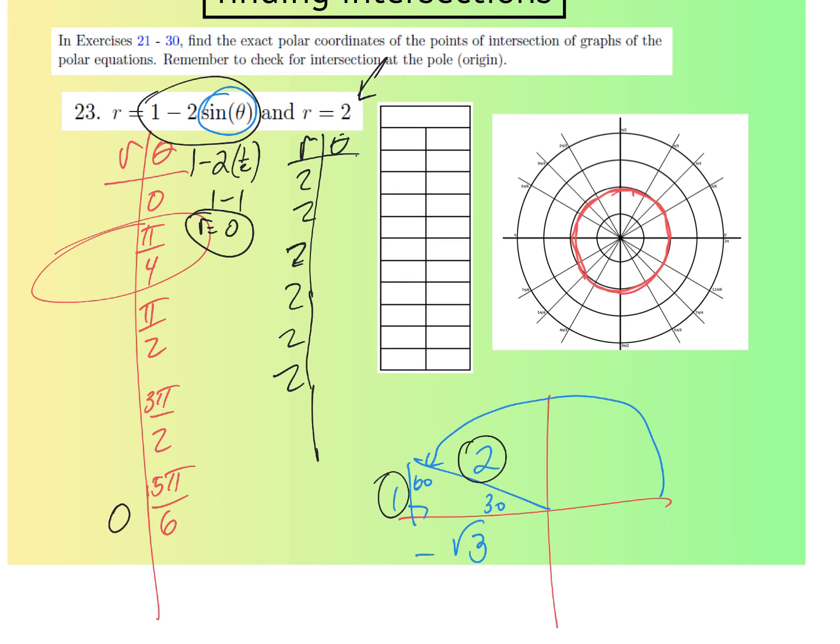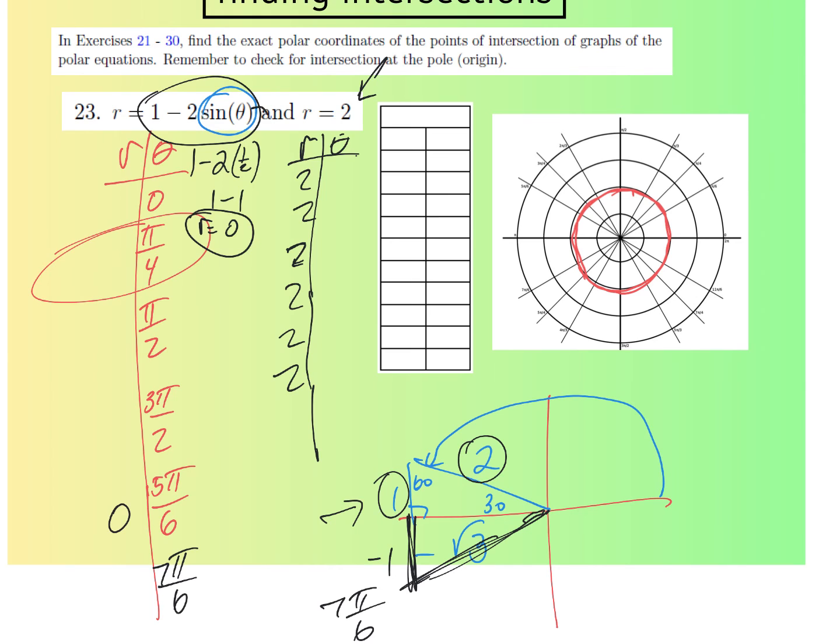If it was negative 1/2, but there, it wouldn't be a negative 1. There it is. You're right. It'd be down here. So this side would be negative 1. And then it would be 7 pi over 6. So 7 pi over 6 does go with negative 1/2.